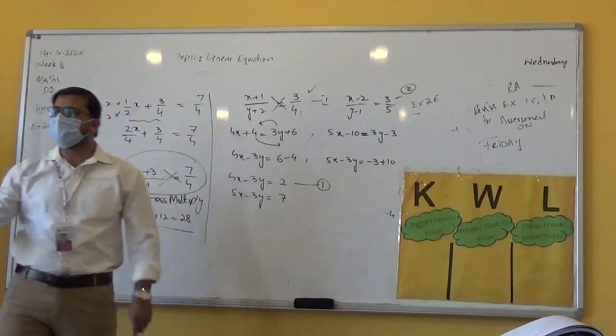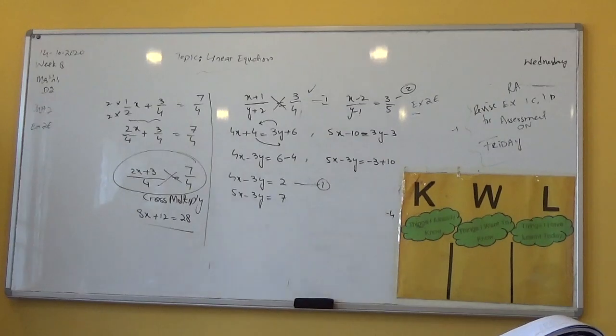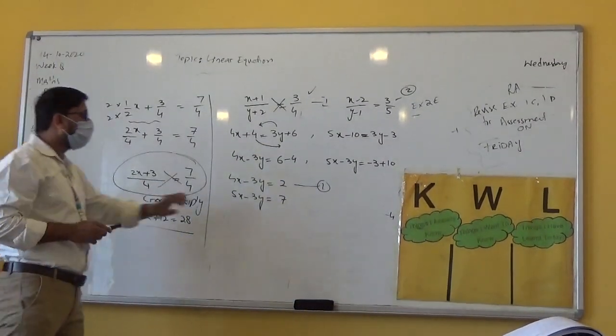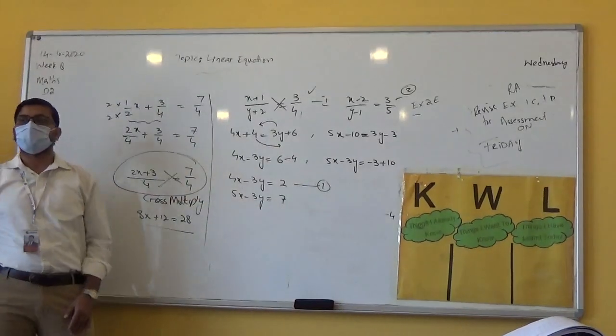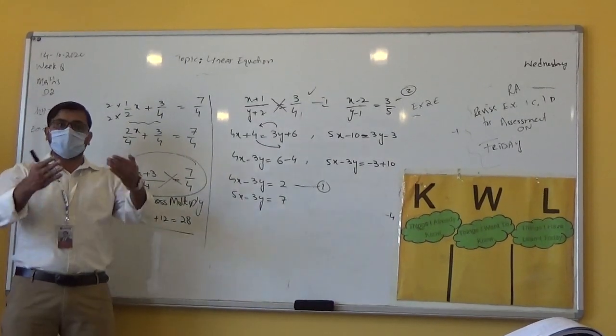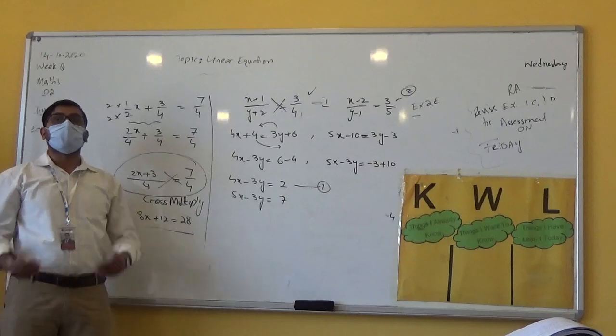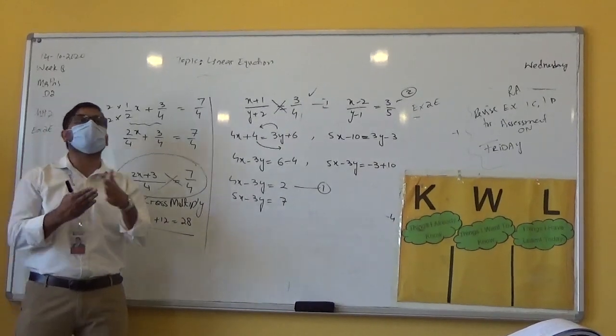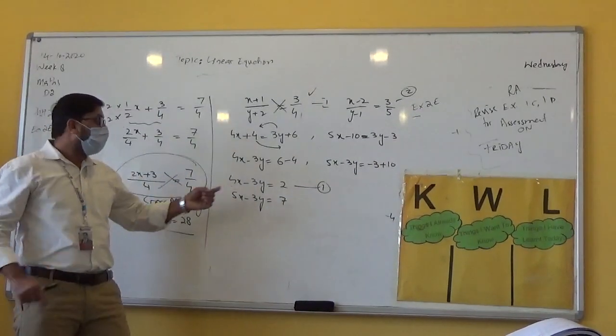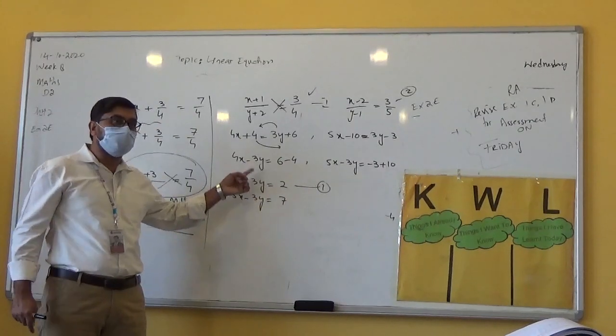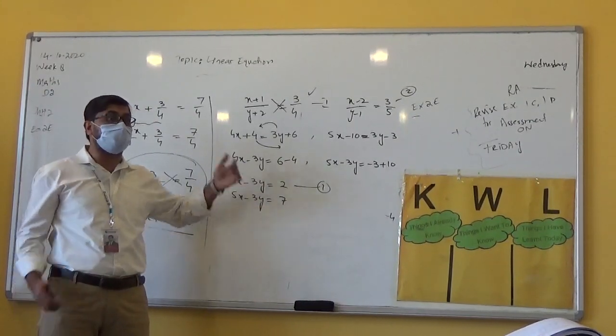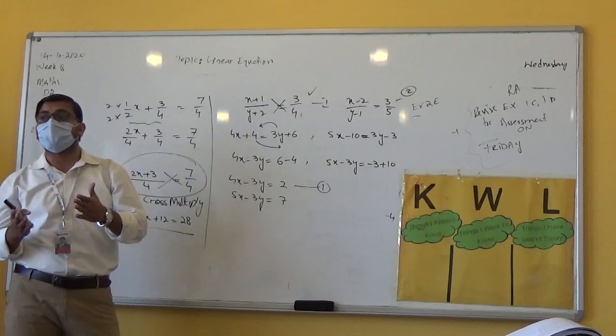Are we given any method for this question? Use the elimination method, question number 7, first part. Can we use the elimination method over here? Yes. Which variable will be eliminated first? Minus 3y, so y will be eliminated first. In this question, both have minus 3y, so which sign do they have, same or different?